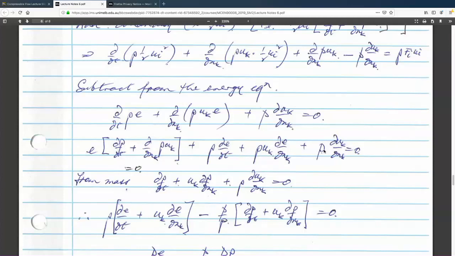And this term I can replace using the mass equation, and if I divide this equation by rho, this term here is minus this and minus that, and that's where this minus comes from.